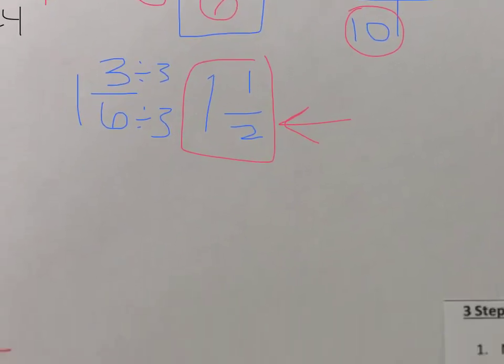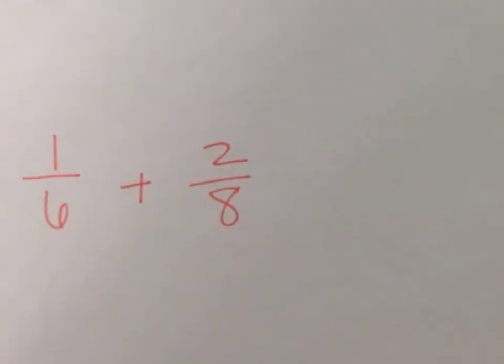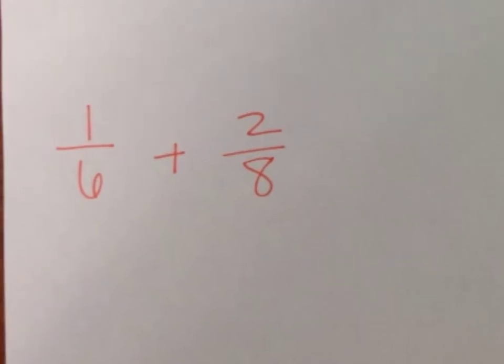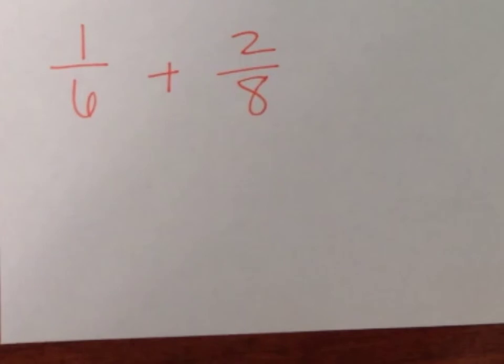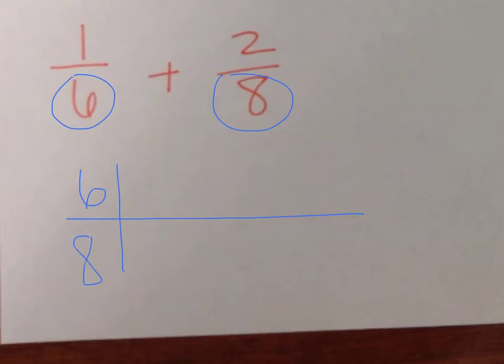Going down, where's the other one at? There we go. Okay, we have 1/6 plus 2/8. Again, starting off, our denominators are different. So we're going to list the multiples of 6 and 8. So with 6, I always start with the smaller number first, just in case we have the same multiple right off the bat.